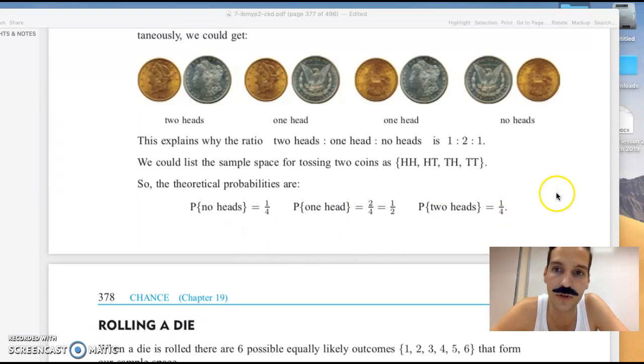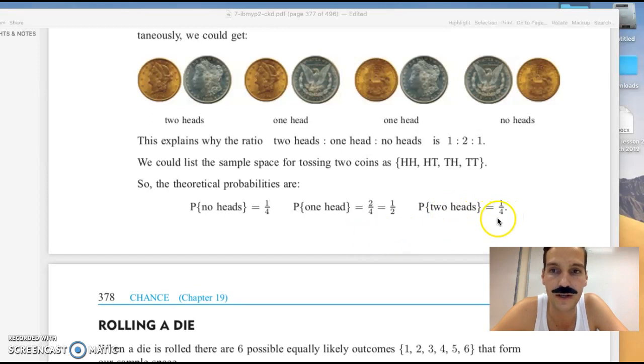If we look through all of these instances again, there's one time when there were 2 heads, meaning 1 out of the 4 times there were 2 heads. 1 over 4. It is therefore a quarter of the time. So the probability, represented by the letter P, that there are 2 heads is 1 over 4.